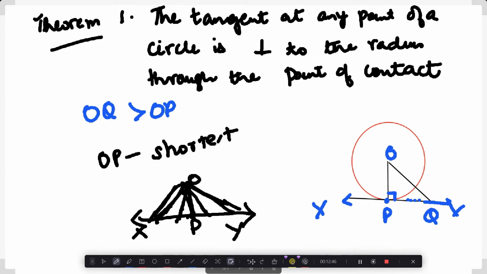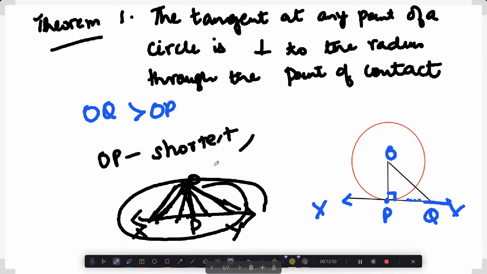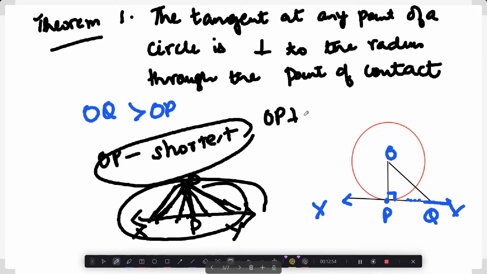Okay? So from here it follows that if OP is the shortest, OP is perpendicular to XY. And where is this coming from? This comes from something we learn in a later chapter, proofs in mathematics.